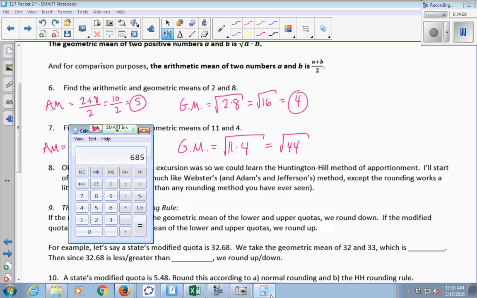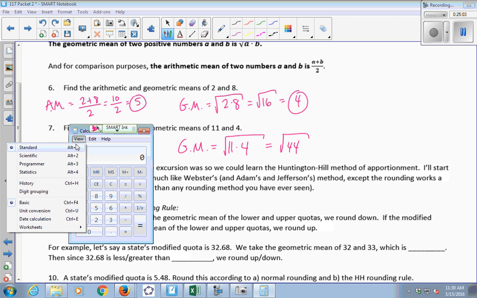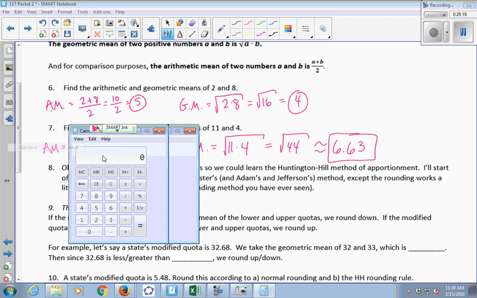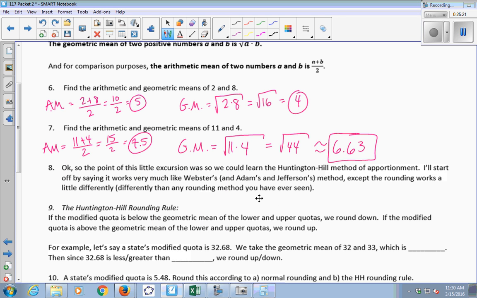So we'll just get a decimal on our calculator. 44 square root, and I get about 6.63. So that's it. You just put it in your calculator and round it.